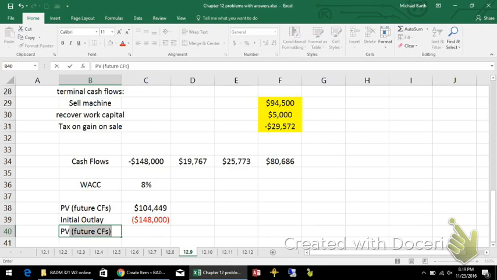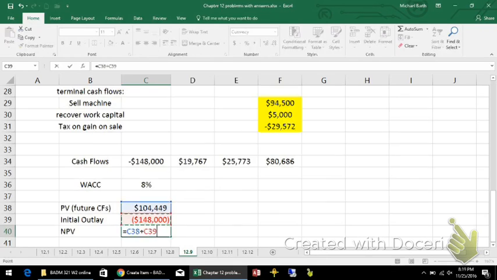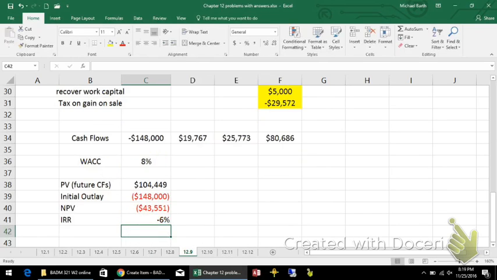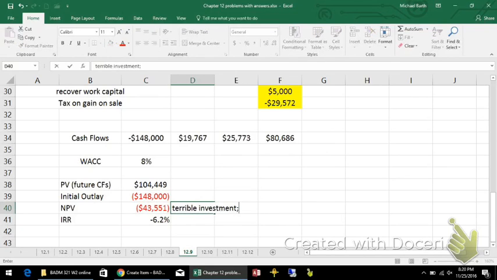That gives me an NPV of negative 43,000, and the IRR of negative 6%. So this is a terrible idea. It's a terrible investment. Don't do it. And that's the answer.